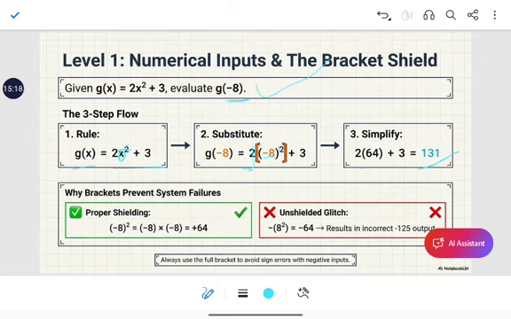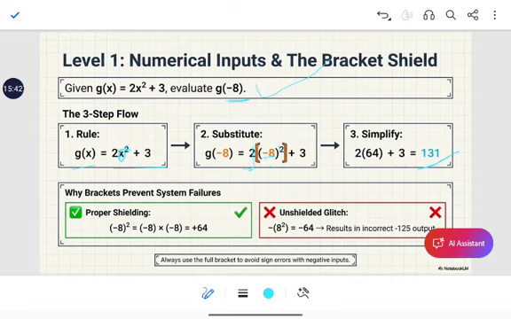Please, it is very important to always put the x value you are replacing in brackets. It helps you clearly resolve the equation. So look here, proper shading.